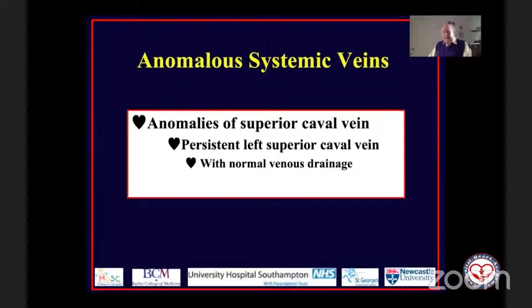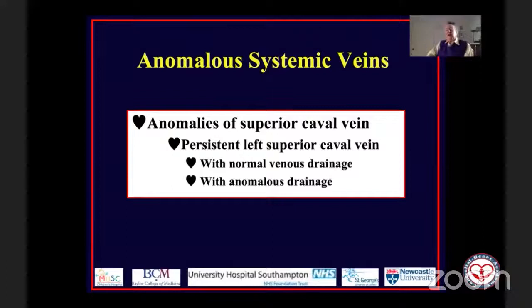So although the persistence of the vein is an anomaly, the venous drainage is normal. But I'm also going to show you that on occasion, we can have persistence of that left superior caval vein when there is anomalous drainage. So here we need to distinguish between anomalous connection and anomalous drainage.